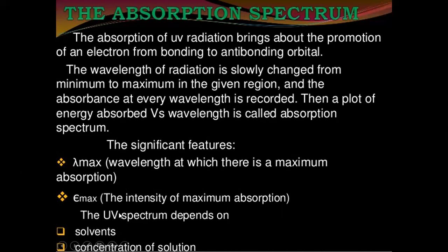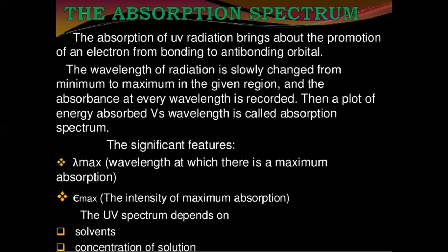The UV spectrum depends on the solvent and the concentration of the solution. There are many factors involving the relative energy of the molecular orbitals. Electronic transitions generally involve promotion of an electron in the bonding orbitals, sigma or pi electrons, or non-bonding electrons, that is n electrons, to the next higher energy level, the anti-bonding pi star or sigma star orbitals.